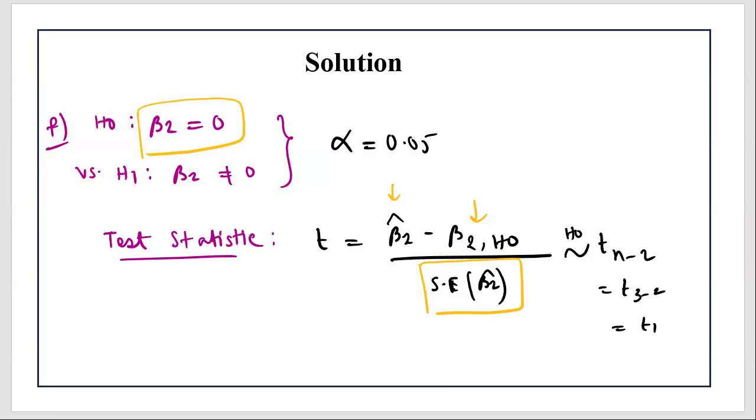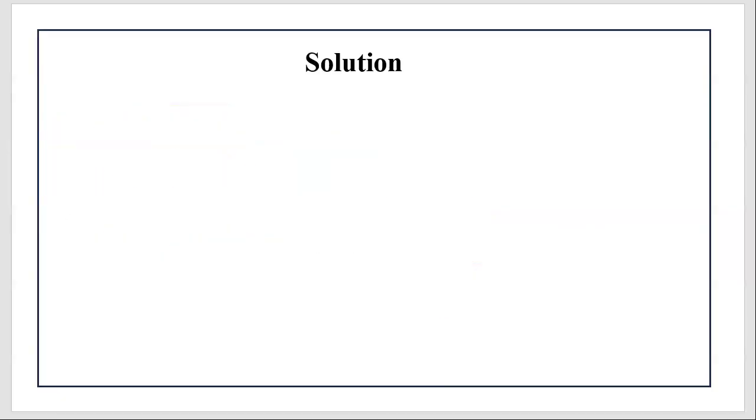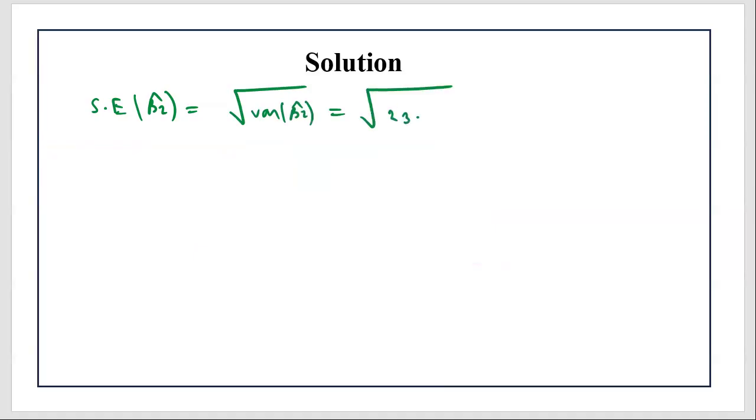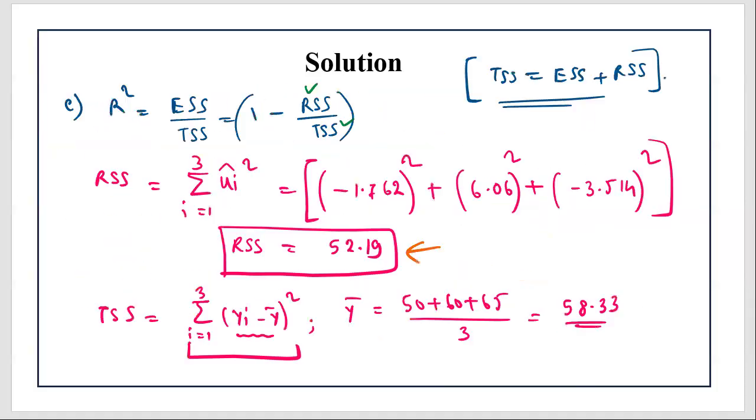So let us put all the values together and see what we will get. So standard error of beta 2 cap will be simply the square root of variance of beta 2 cap, which will come out to be 23.641, which is approximately 4.86. You can check this calculation. So the computed value beta 2 cap. What was beta 2 cap from our estimation?